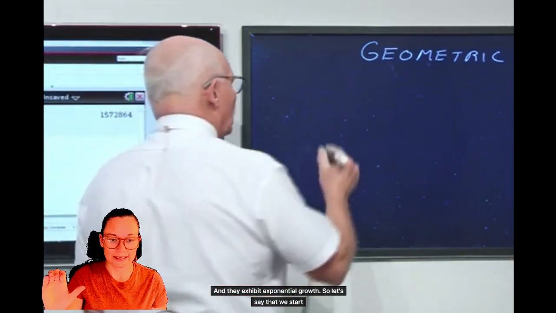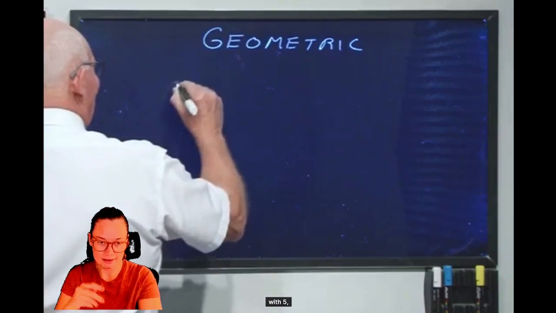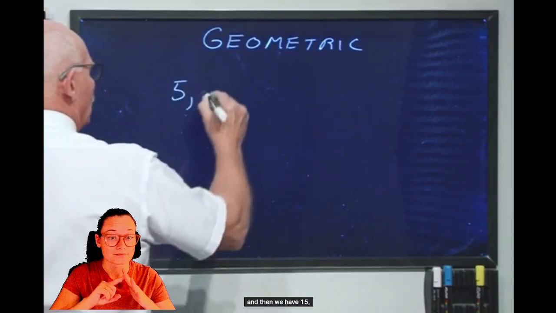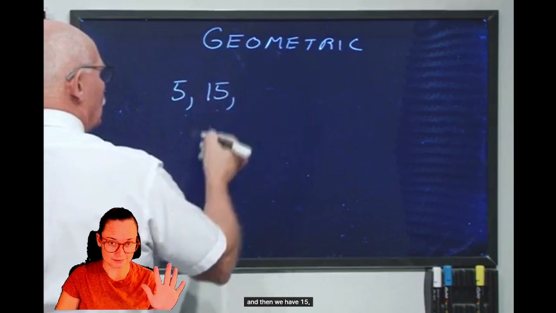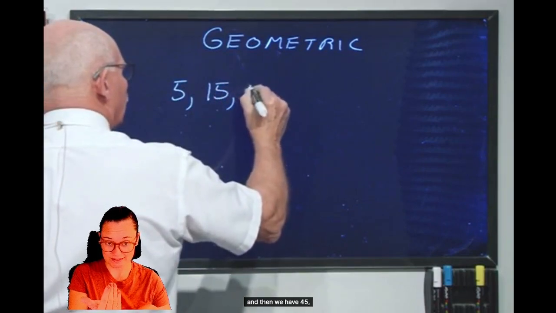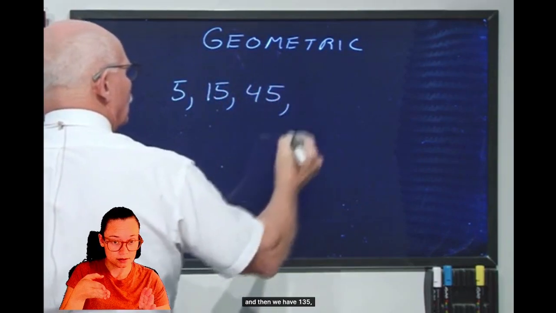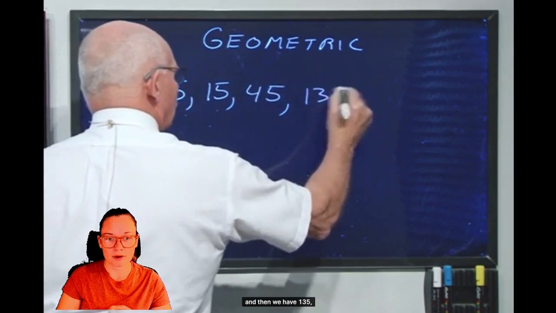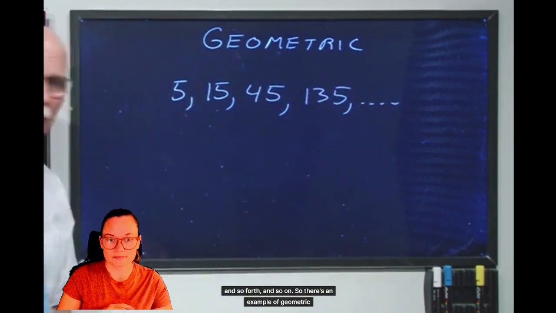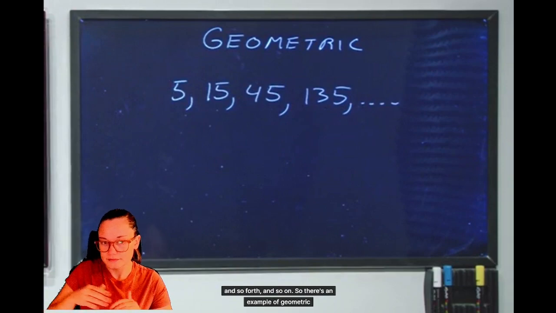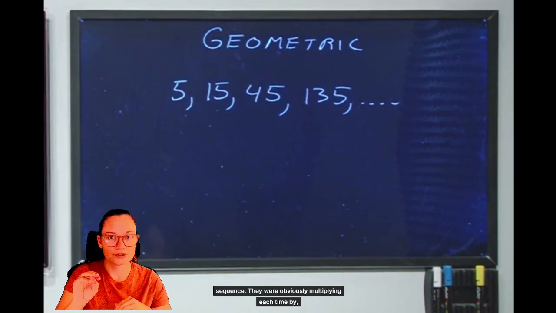So let's say that we start with 5, and then we have 15, and then we have 45, and then we have 135, and so forth and so on. So there's an example of a geometric sequence.